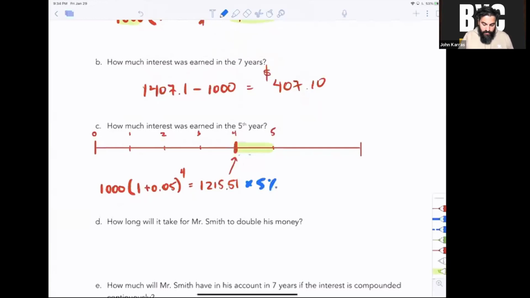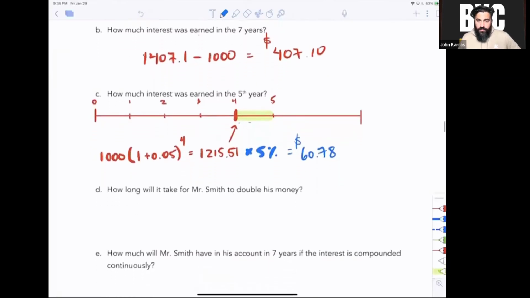Times 5% is $60.77 or 78 cents, depending on how you round it along the way. So Mr. Smith, specifically in the 5th year, earned $60.78 in interest. Great.